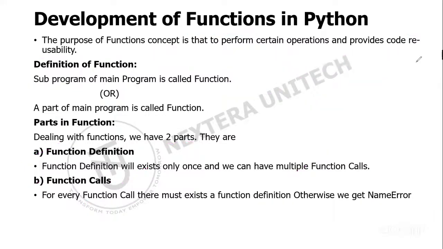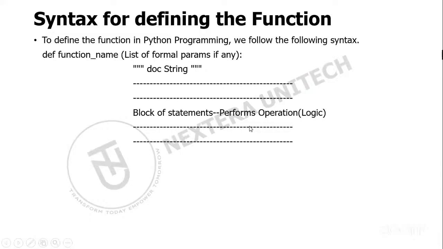What is the purpose of functions? They provide us code reusability. Right. So the syntax for functions, in general, we use the def keyword, followed by the function name, then the list of parameters.